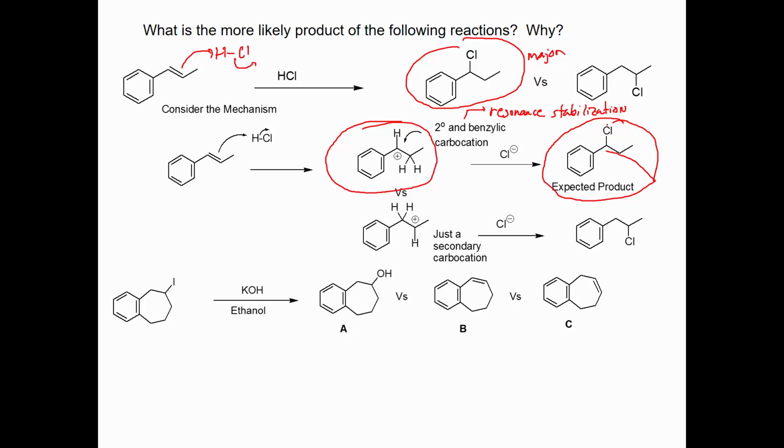Okay, all right, let's look at this one down here. What's the product of this reaction here? This iodide here reacting with KOH ethanol. Are we going to produce the SN2 product, or E2 product B, or E2 product C? Okay, the things to note here are that this halide is secondary.